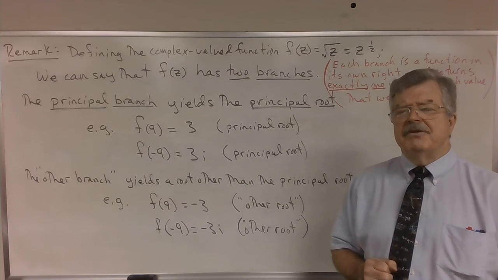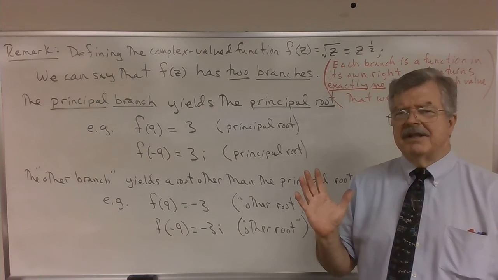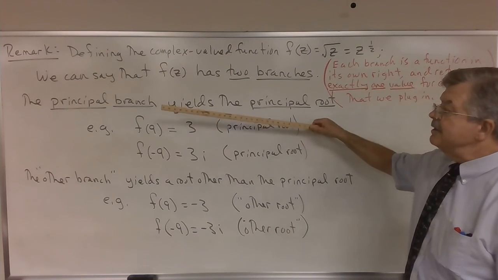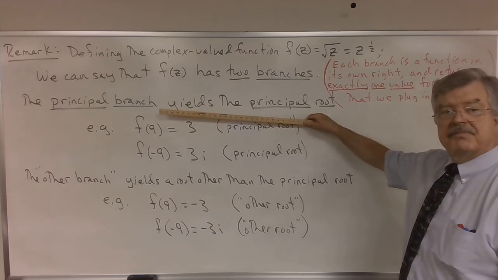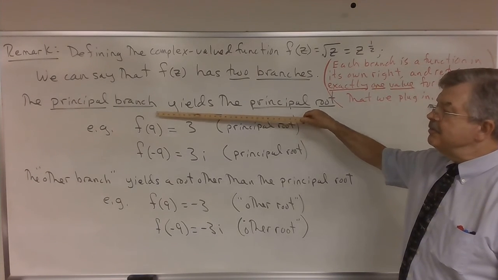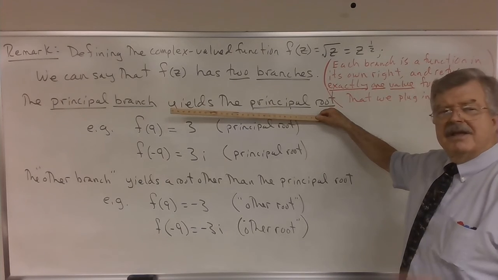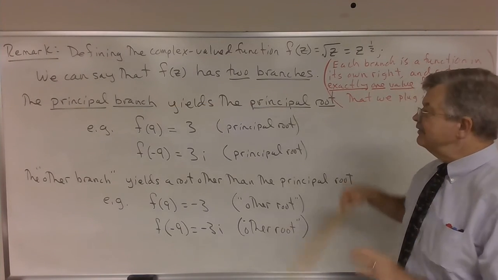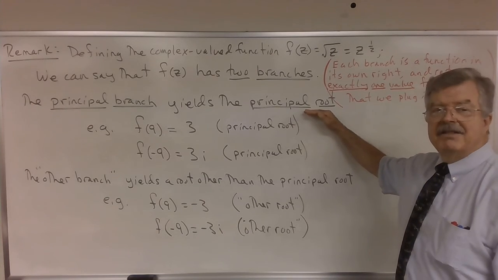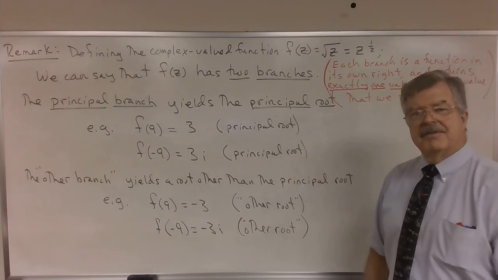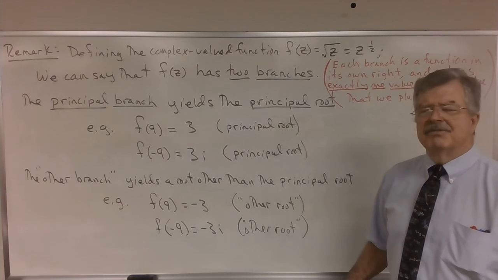And so what we do is we take such a complex function and we assign it a principal branch, which is a rule that says this principal branch yields exactly one value for each value that we plug into the function. And this value is going to be our principal root.